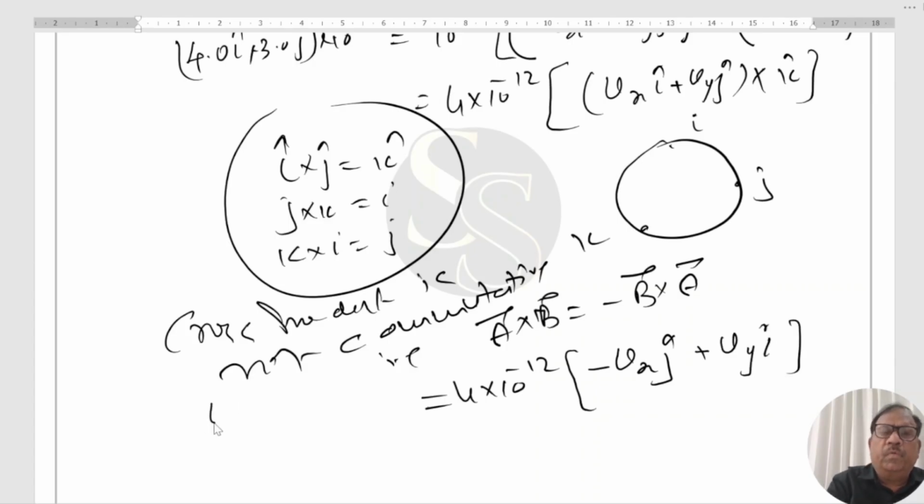This equals (4.0 i plus 3.0 j) × 10^-10.